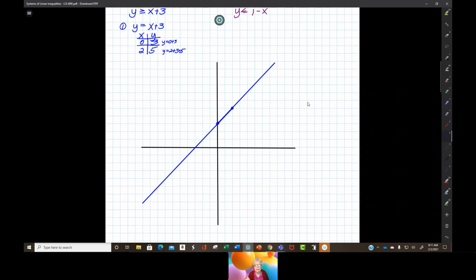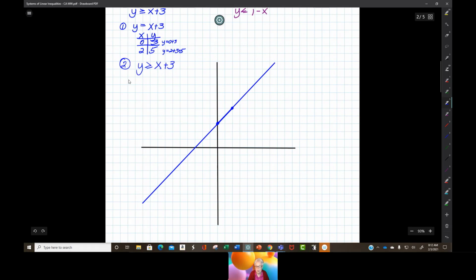Okay, step 2, which side am I going to shade on? Now, please notice that I am not going to do the graph over in my math lab until I'm completely finished over here, and you'll understand why when I'm done. Step 2. I always do that. So predictable. Step 2. Go back to the inequality. Y is greater than or equal to x plus 3.